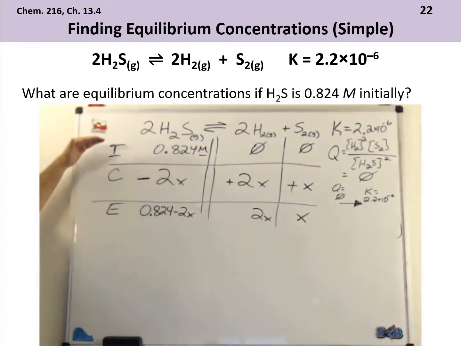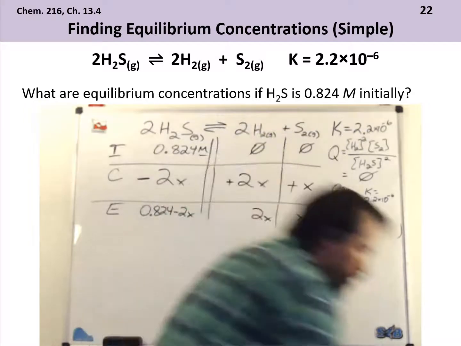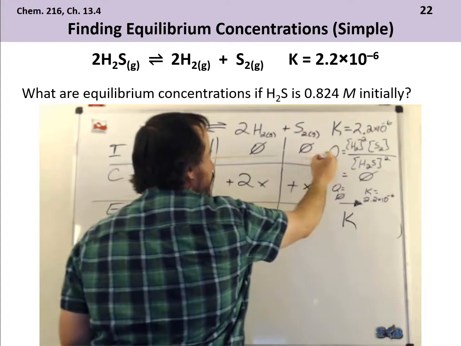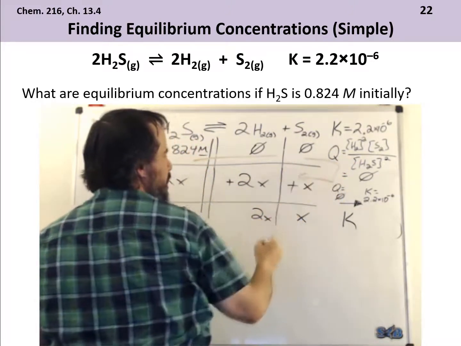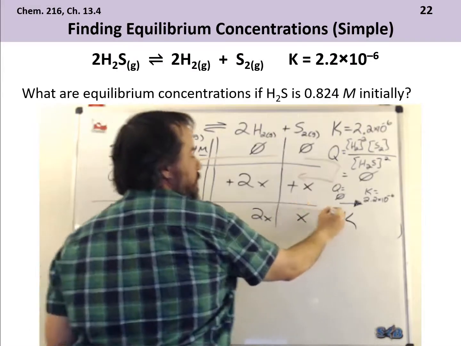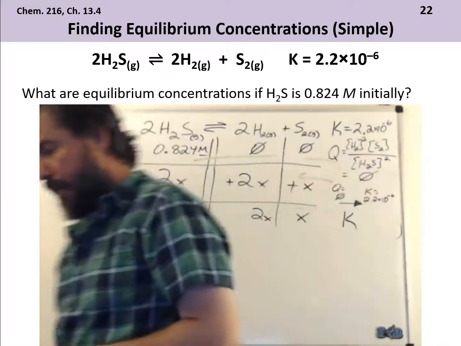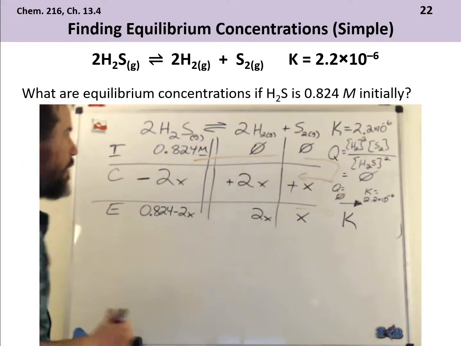Okay? Now I go ahead and I plug those back into this. But now, seeing that I'm at equilibrium, this is no longer Q, this is now K. So I start here with my initial. I go like this to find Q, then I figure out the shift, then back here, then I figure out equilibrium, and then back. All right, so I plug those back in.